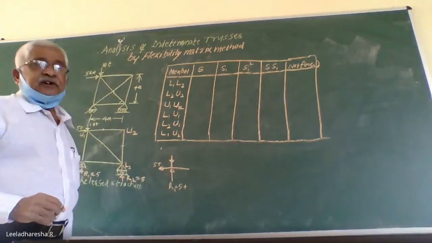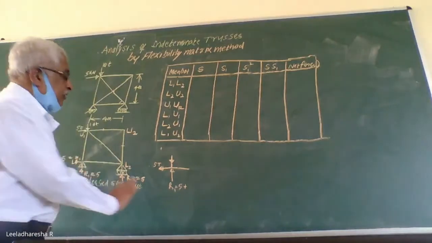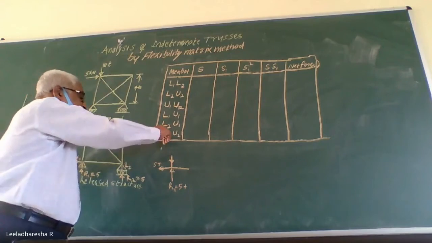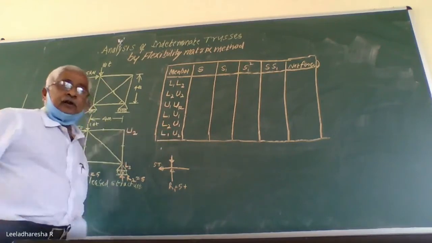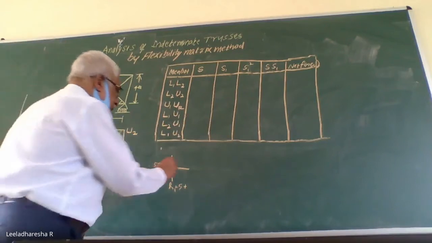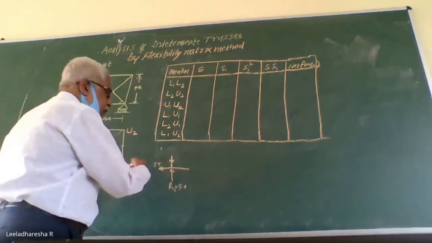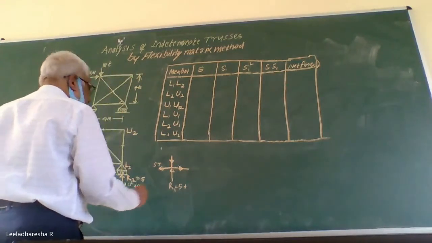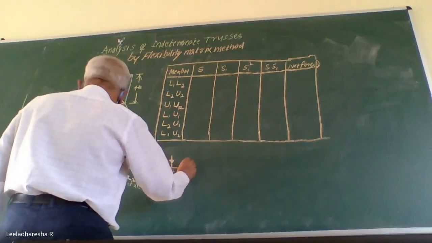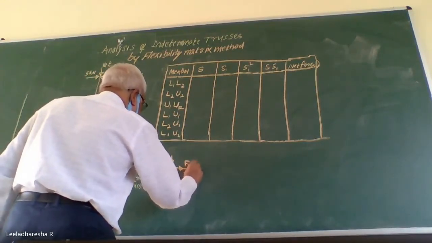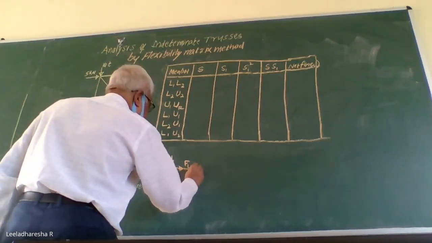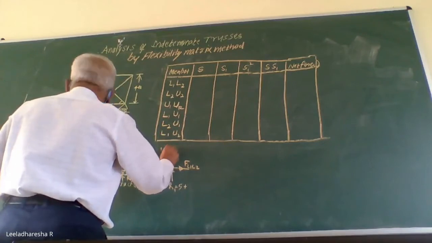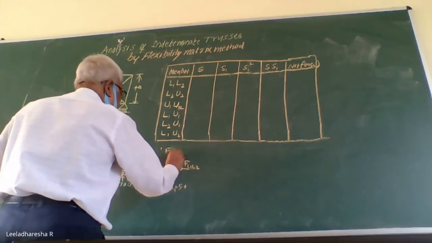While I assume compression, my assumption should not go wrong. One vertical force is there at the joint in the upward direction. Automatically, for equilibrium of the joint, this member should contribute in the downward direction. This member, see, 5 ton is moving out, so a rightward force should be there. So this I call L1 L2, and this member I call L1 U1.